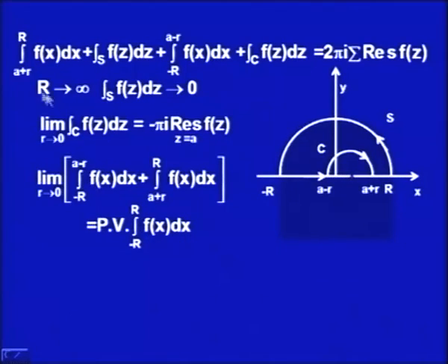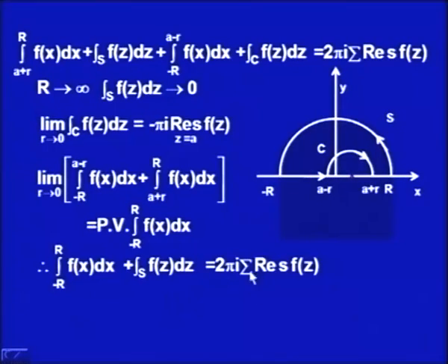Now, take this limit as small r approaches 0 on this expression. What we get is the integral from minus R to plus R of f(x) dx plus the integral of f(z) on the bigger semicircle S, equal to 2 pi i times the summation of residues of f(z) plus pi i times the residue of f(z) at z equal to a.